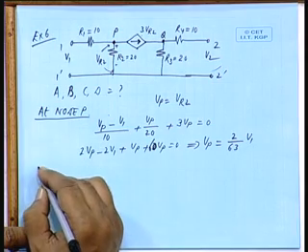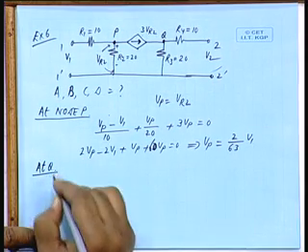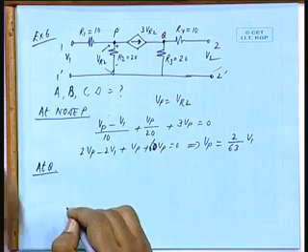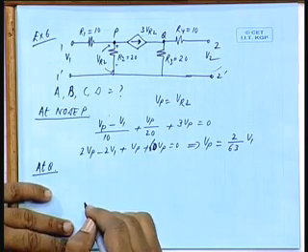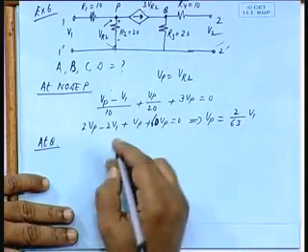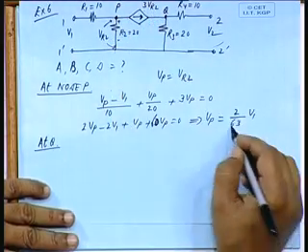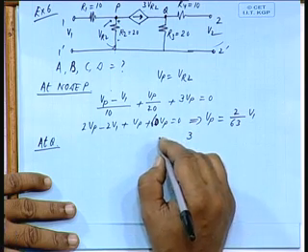Next, at Q, the current of the current source is 3 times VR2, 3 times Vp. So, that is also a current source.